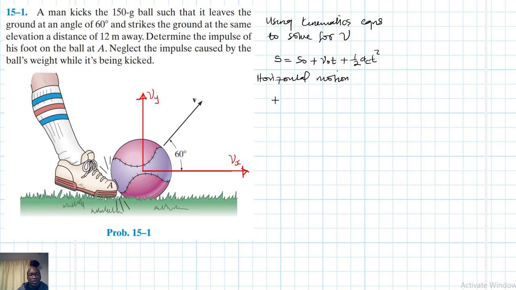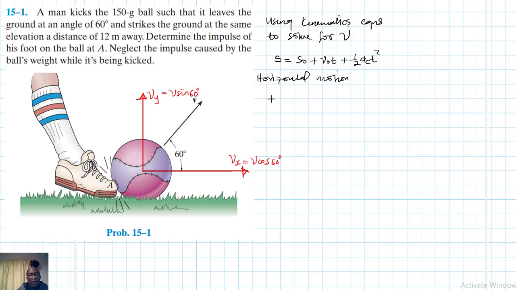Along the horizontal motion, what do we have? This one here is just equal to V cos 60. This one is V sine 60.